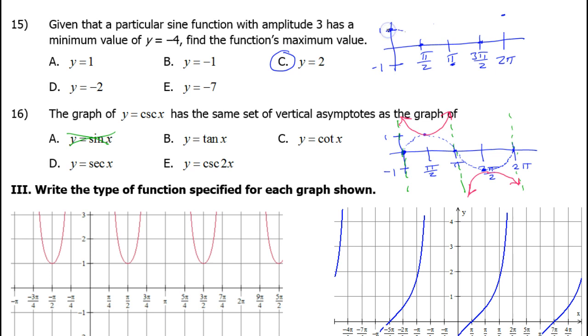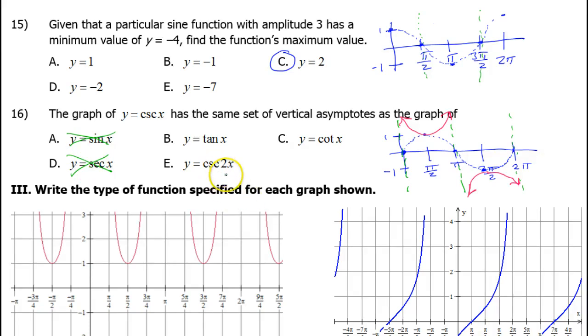Okay, so here goes my dotted line, which is the cosine graph. So again, the asymptotes are going to be where the cosine graph touches the midline. So my asymptotes are going to be here at pi over 2 and 3 pi over 2. So they do not match at all. So I knew it wasn't going to be secant.